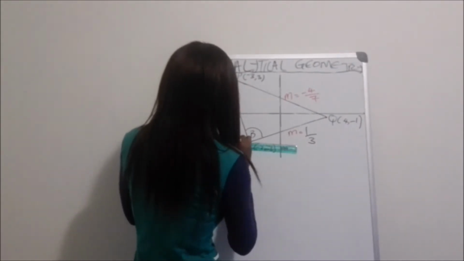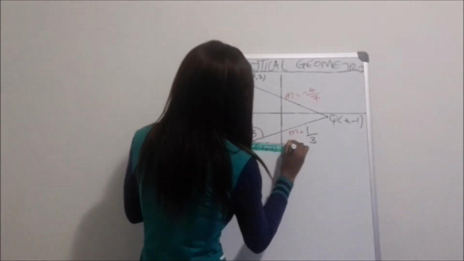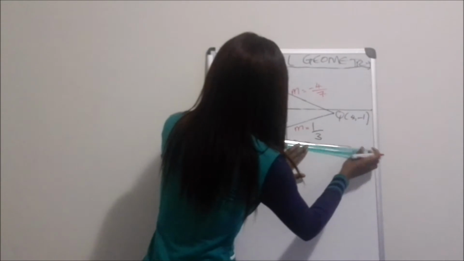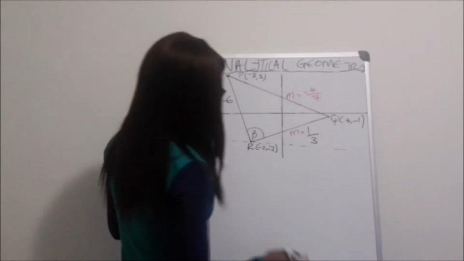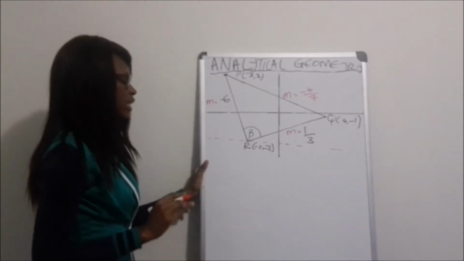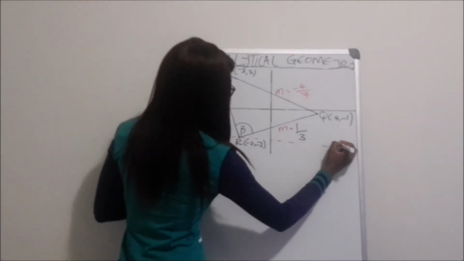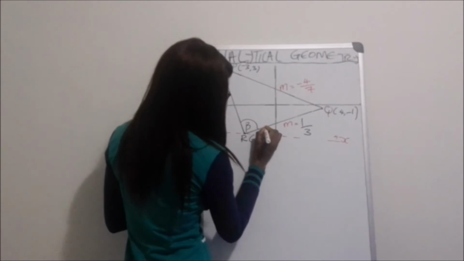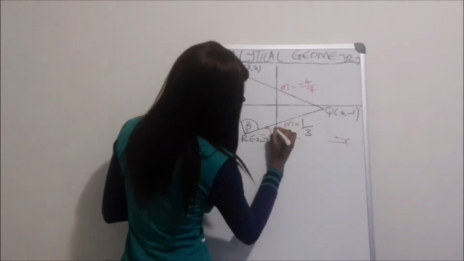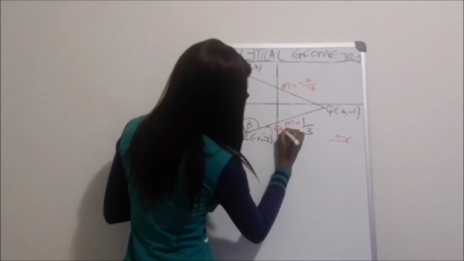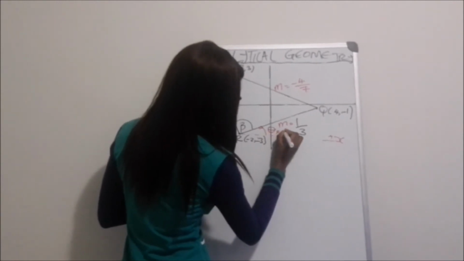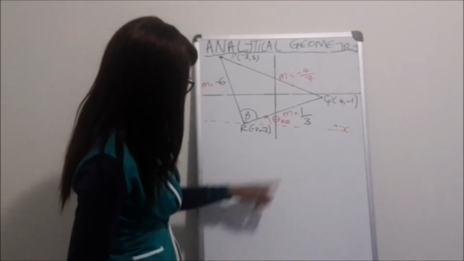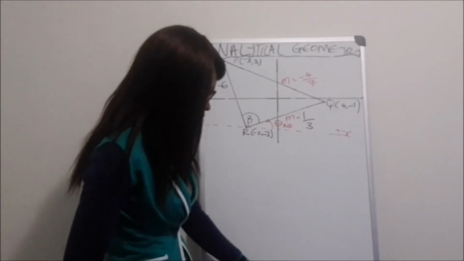That means it's also my new x-axis, so I can make a new x-axis here. The angle of inclination is always measured from the positive x-axis, and this is our new positive x-axis. Measuring anti-clockwise, this is my angle of inclination of RQ.